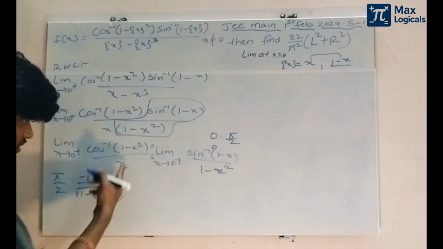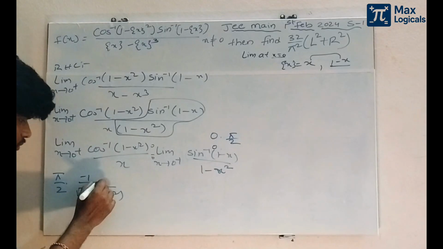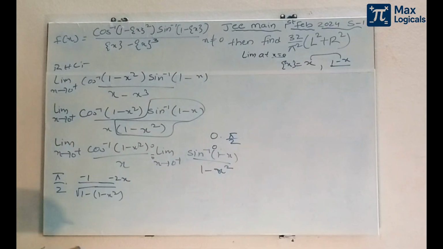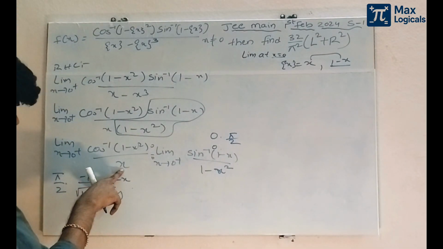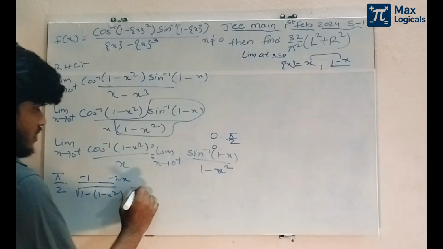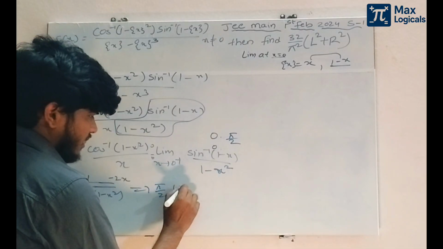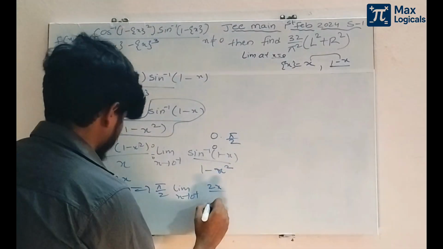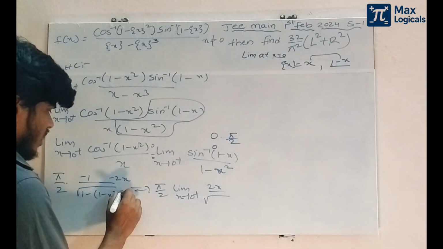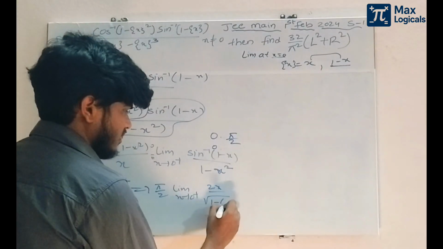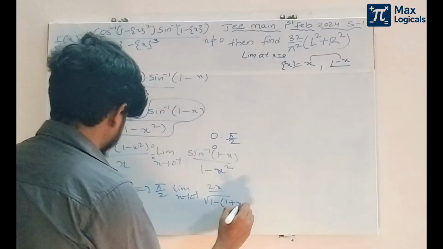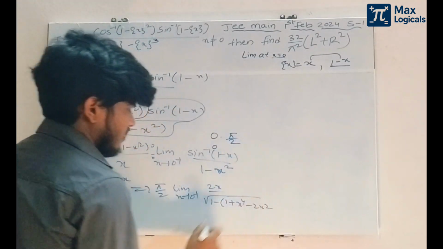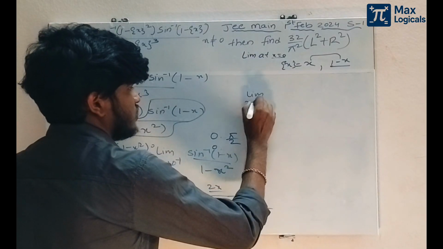Here the value of x is 1 minus x square, and we do the inner derivative also, that is minus 2x, and the differentiation of x is 1. That equals pi by 2 times the limit as x tends to 0 plus of 2x by square root of 1 minus (1 minus 2x square plus x power 4), that is x power 4 minus 2x square, now with the limit extends to 0 plus.